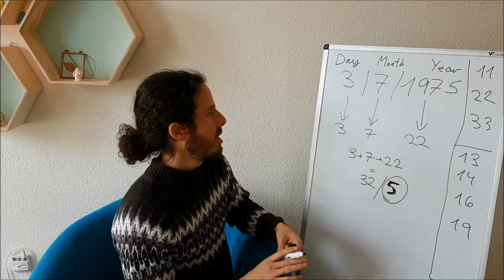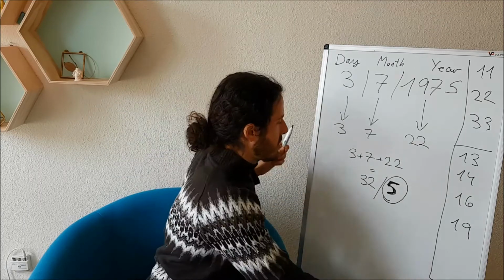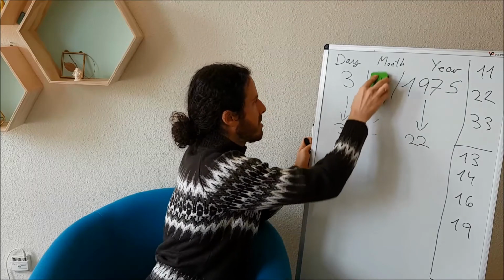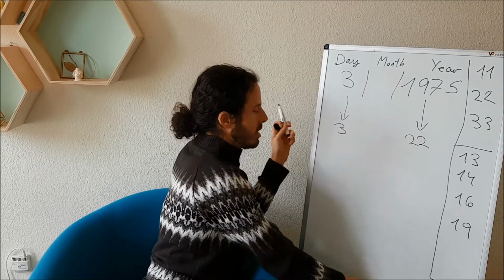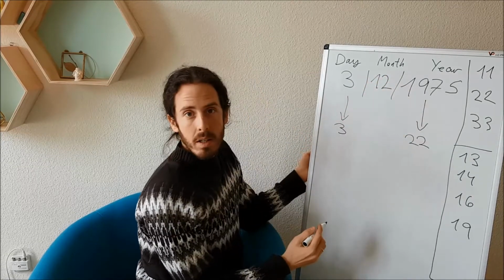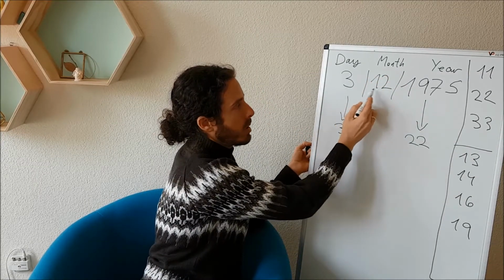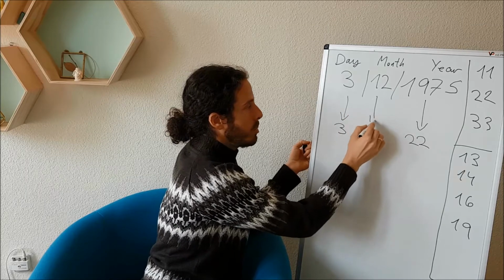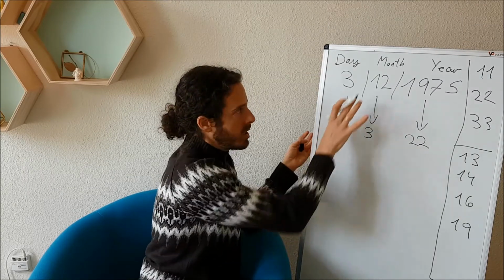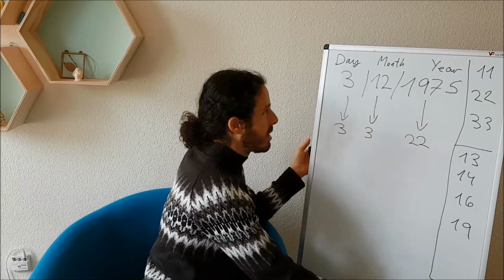Now, just to give an example, if this were December 12, then the 12 would be 1 plus 2, which would also be a 3. I'm not going to continue the entire calculation, I just want to give you the example so you understand.